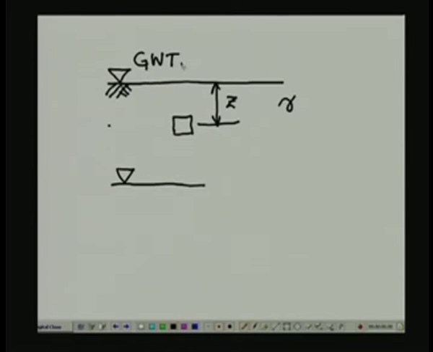So this is the first position of groundwater table, then let's consider a second position of groundwater table, and finally the groundwater table has again come back to the surface.